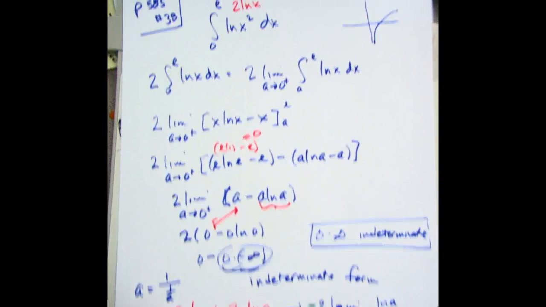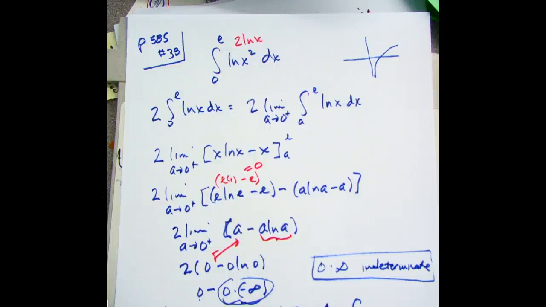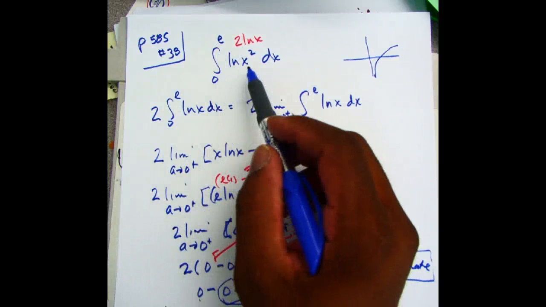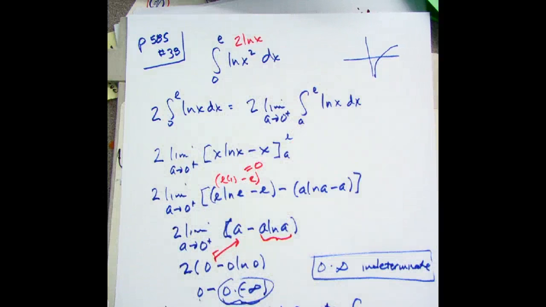So this problem all the way in the beginning here, the integral from 0 to e of natural log of x squared dx, it was in fact improper. When we went through all of the steps, we did determine that the answer here is 0. Okay.